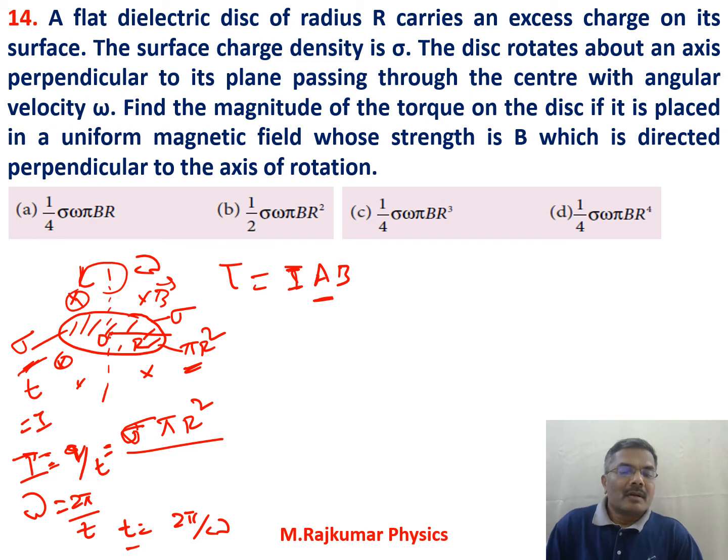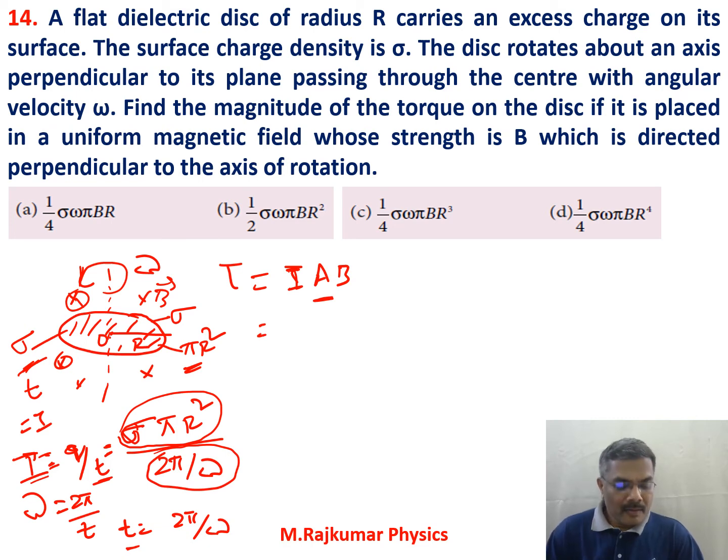Omega is the angular velocity. For one complete cycle of 2 pi, the time it takes is T, which is 2 pi by omega. Instead of T, I can substitute this value. Sigma pi r square is the total charge available on the disk, and the time is 2 pi by omega. When I get this ratio, I will get the current value, and I will substitute that here.